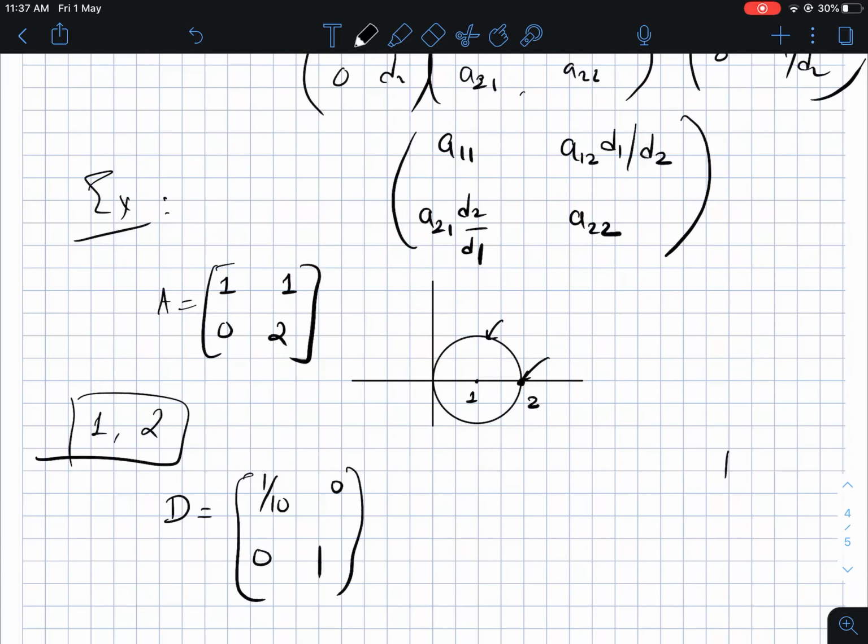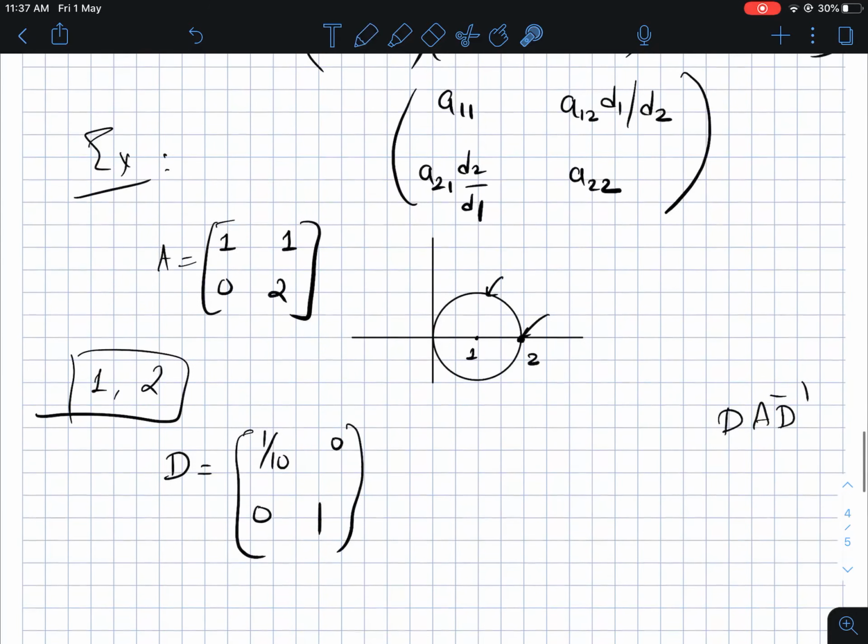Okay, and let me construct DAD inverse. So what is DAD inverse going to be? If you look at this expression over here, DAD inverse is going to be again 1, 2 in the diagonal, but this entry becomes 1 over 10, right? And this entry is 0 anyway, so that doesn't change.